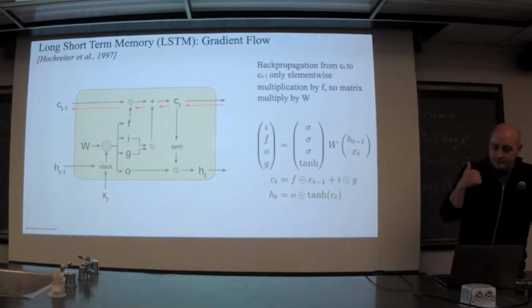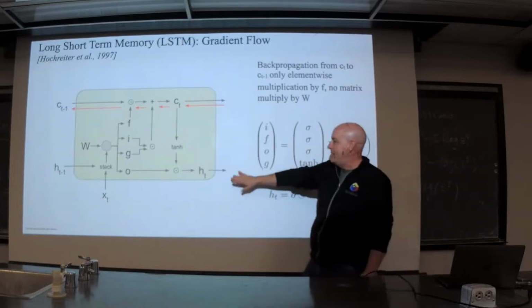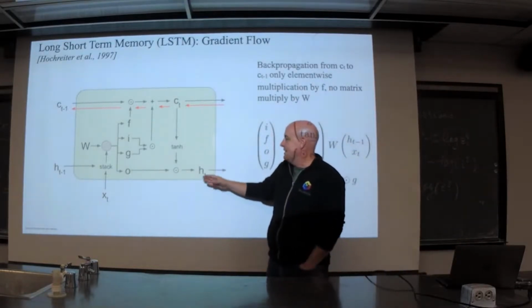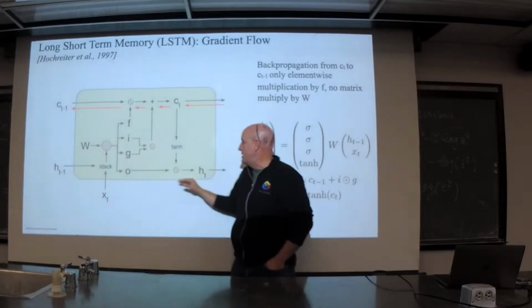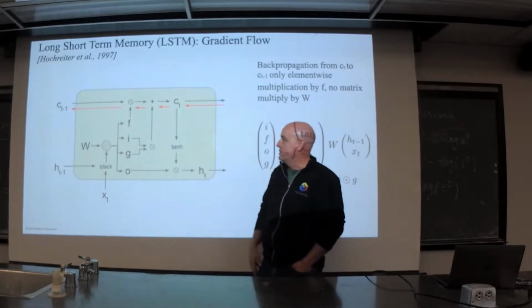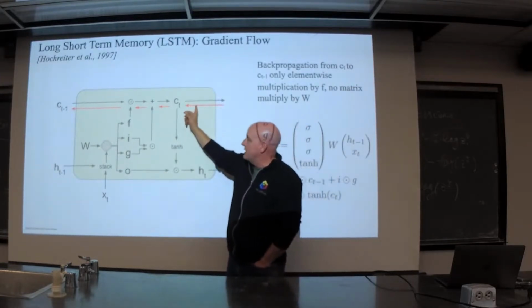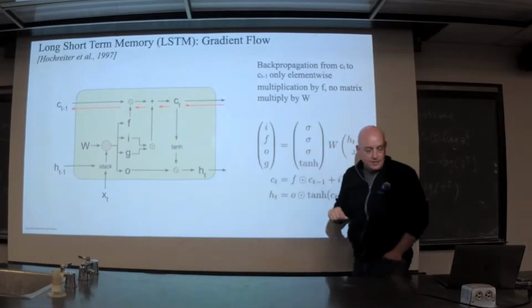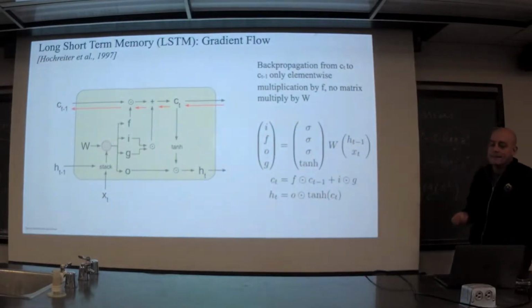And so whatever's happening to H here, I think if this wasn't happening here, we'd still be in the same kind of world of hurt in terms of the vanishing problem. But because we added in this intermediate state here, CT, when we do backpropagation, we now have something that's not affected by matrix multiplication.